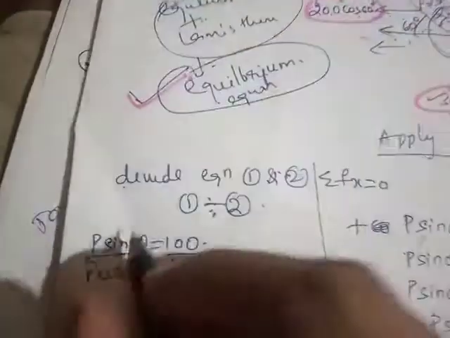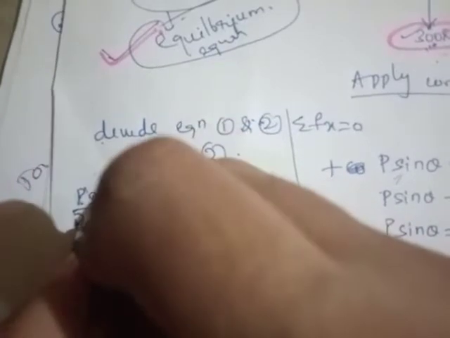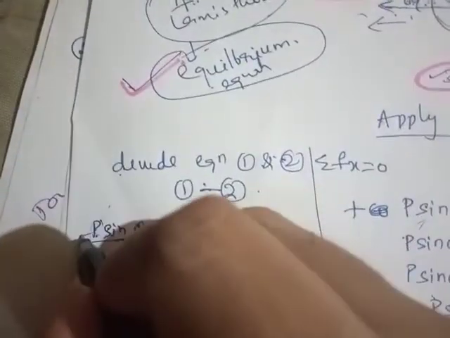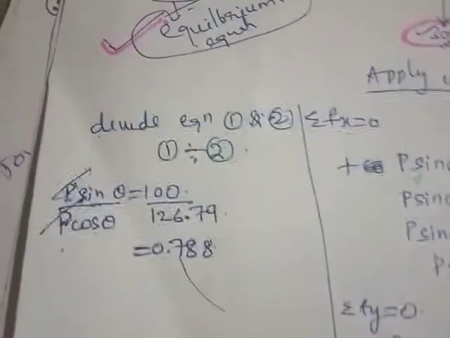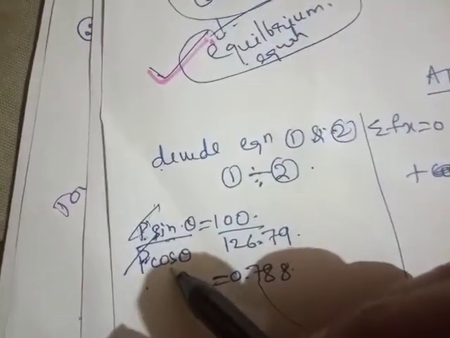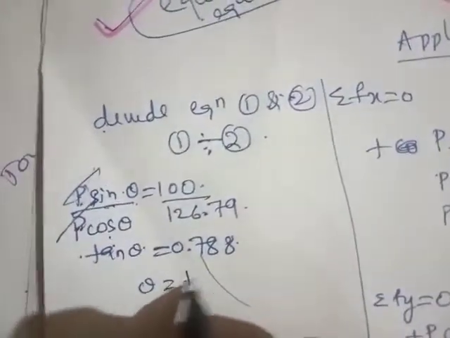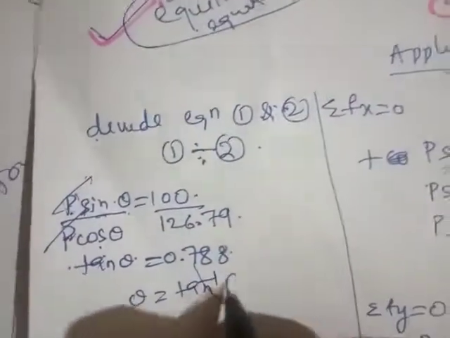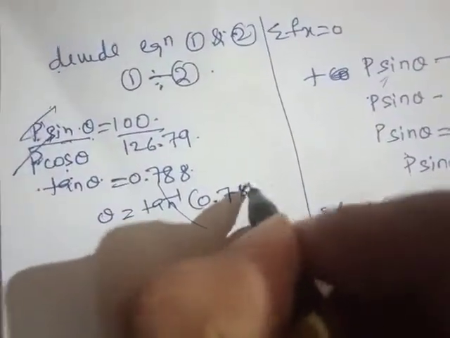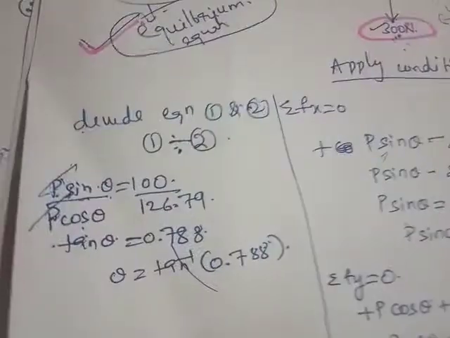Here, P is common in both numerator and denominator, so it cancels out, and sin theta upon cos theta, you know trigonometry, is tan theta. So theta equals tan inverse of 0.788. Let's calculate it.